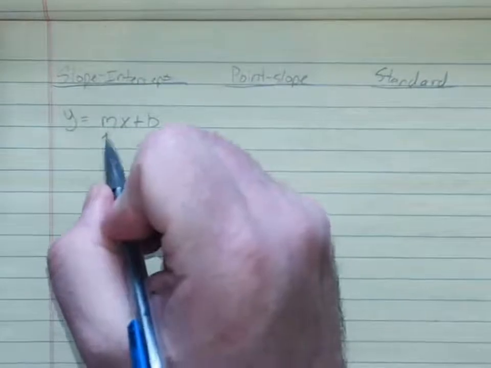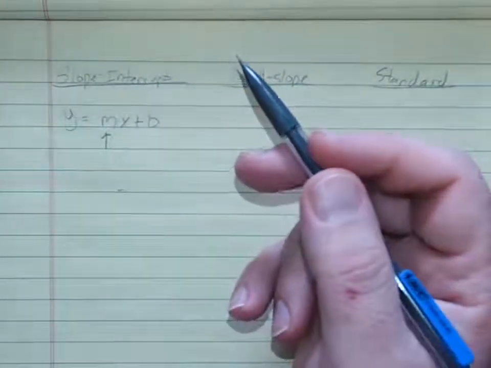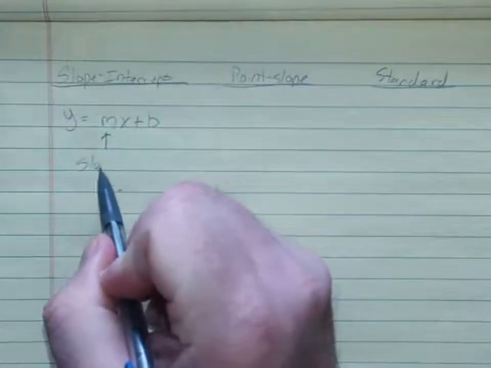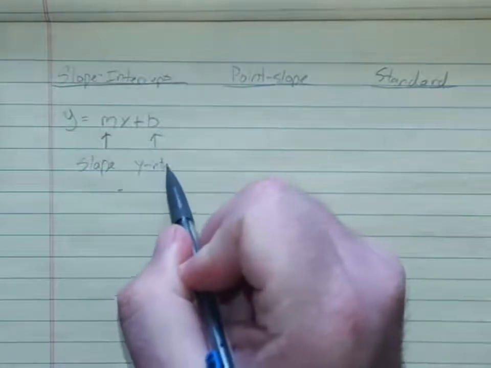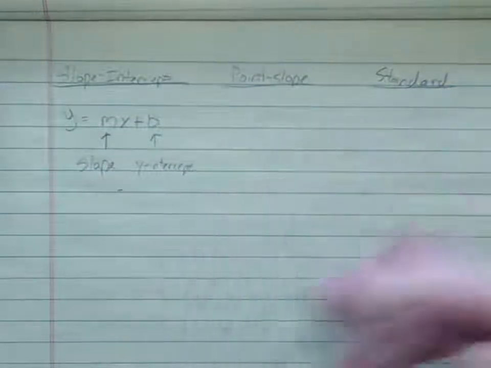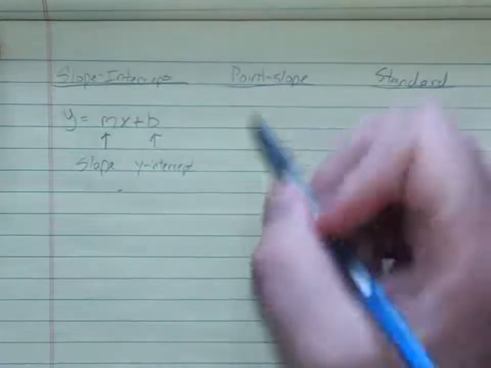Okay, so this m, y, and x are just variables. You can substitute any x value and y value from a point into this. The m is the slope, and the b is the y-intercept. Similarly, point slope is named point slope because when you write it, you use the slope and you use any point on the line. So it looks like this.